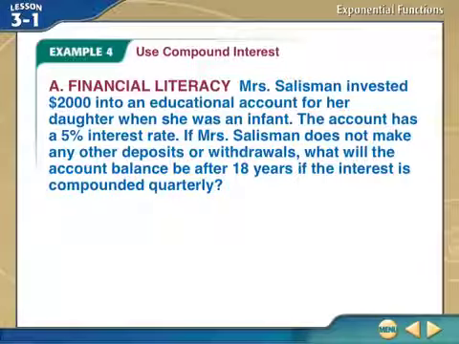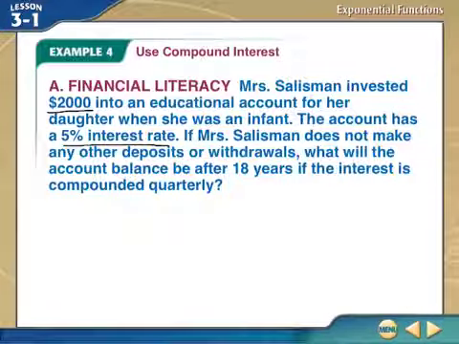In example 4, we are going to use the compound interest formula to look at Mrs. Solisman's situation. We're looking at a situation using financial literacy. Mrs. Solisman invested $2,000 into an educational account for her daughter when she was an infant. The account has a 5% interest rate.